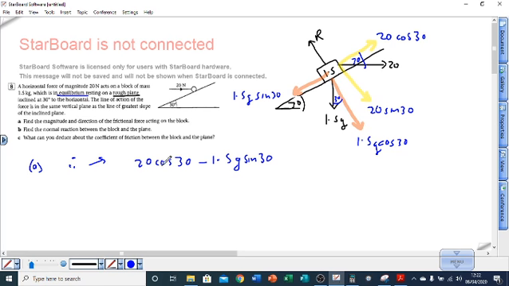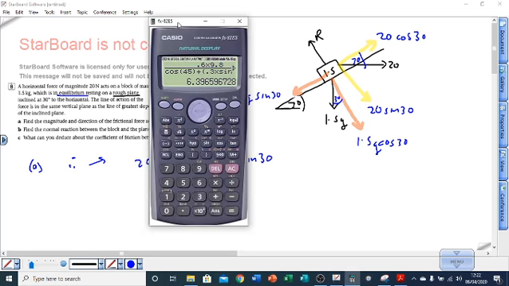So if up is positive and this gives us a positive answer, it means there's an excess force going upwards, it means friction's going to be acting downwards. If this is negative, it means there's an excess force going downwards and friction needs to be upwards to be assisting and keeping it in equilibrium. So looking at this, we're going to look at that result across here.